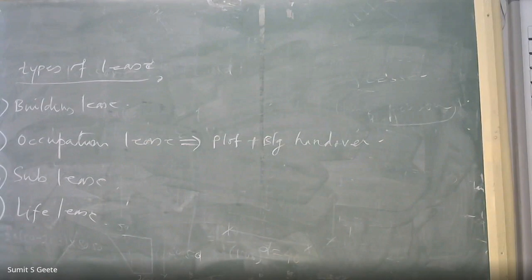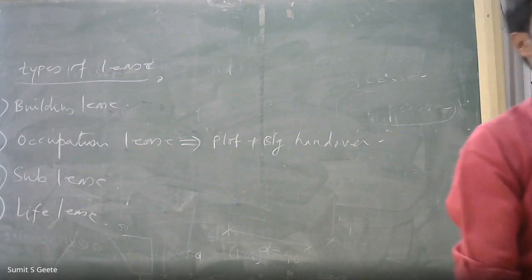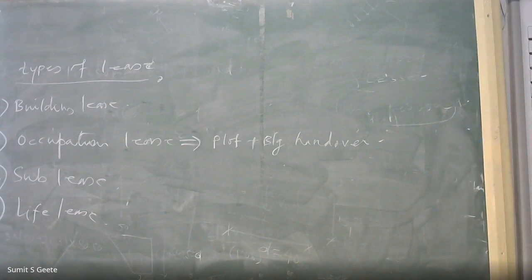Means the parties involved in that particular lease, the lease will continue till the death of any one of the parties. तो दोनों चाहेंगे, राइट? क्योंकि अल्टीमेटली अगर एक मरा तो लीज कैंसिल हो जाएगी. So to continue that lease, this is called life lease. Is it okay?